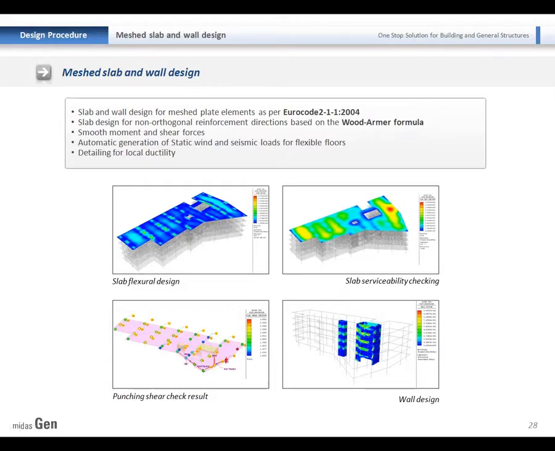When you perform the slabs, we use the Wood-Armer formula, which is widely used for the slab design. And we can consider the smooth moment. So flexure design and serviceability checking and shear checking and wall design can be performed.